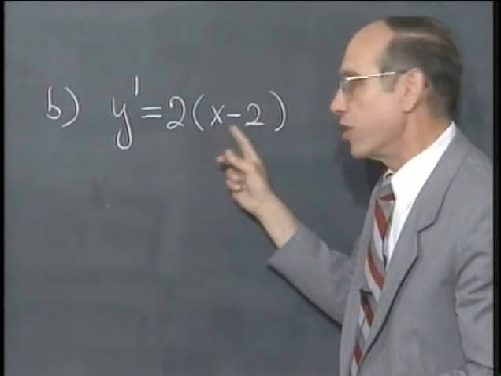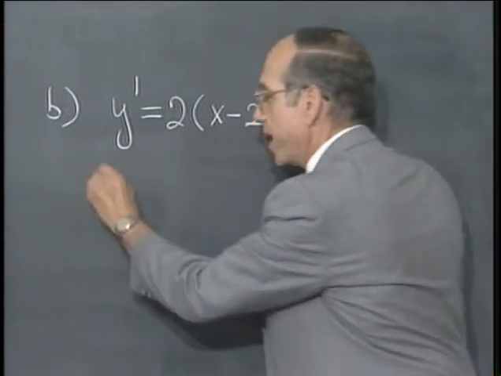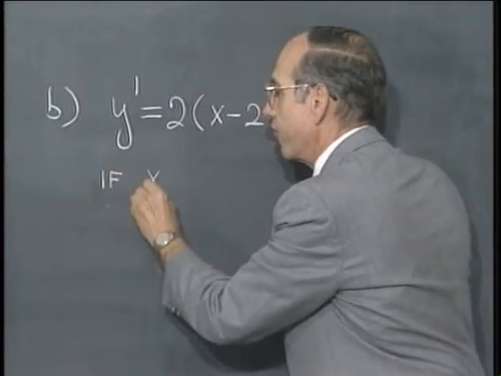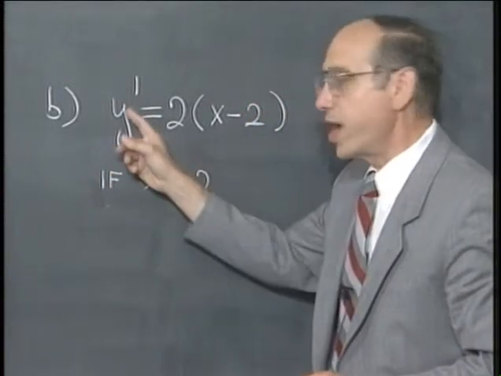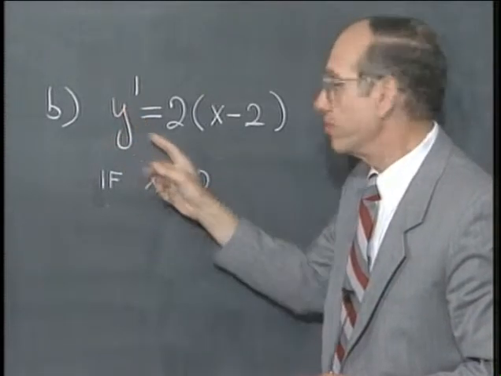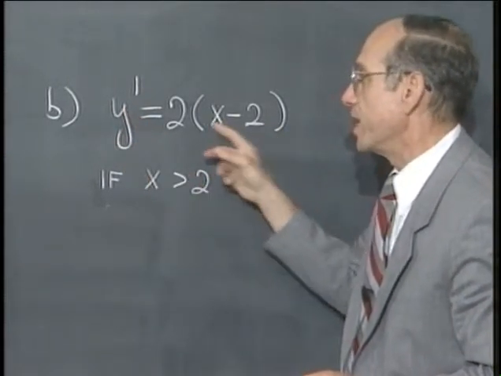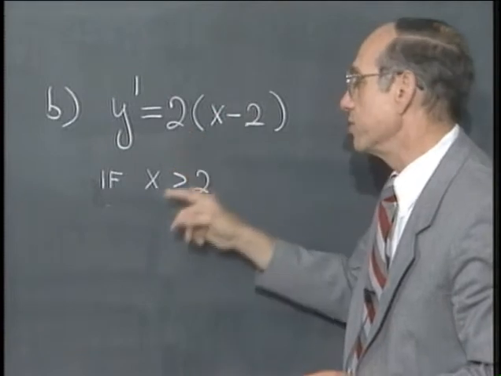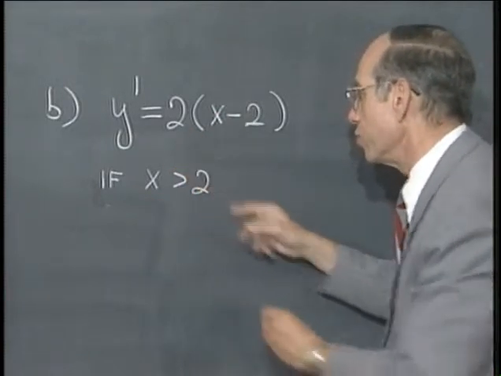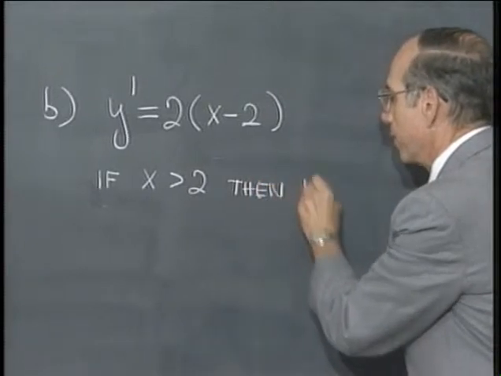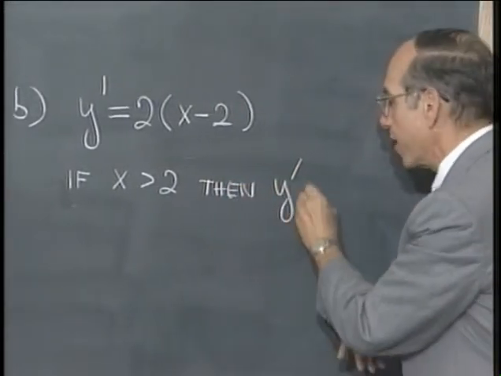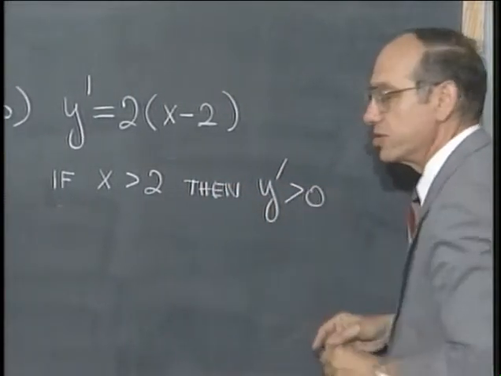If x is larger than 2, which of course mathematically we write this way, if x is greater than 2, then y prime is positive, because x minus 2 will be positive, 2 times that will be positive. So if x is greater than 2, then y prime is positive, and positive we write this way, greater than 0.